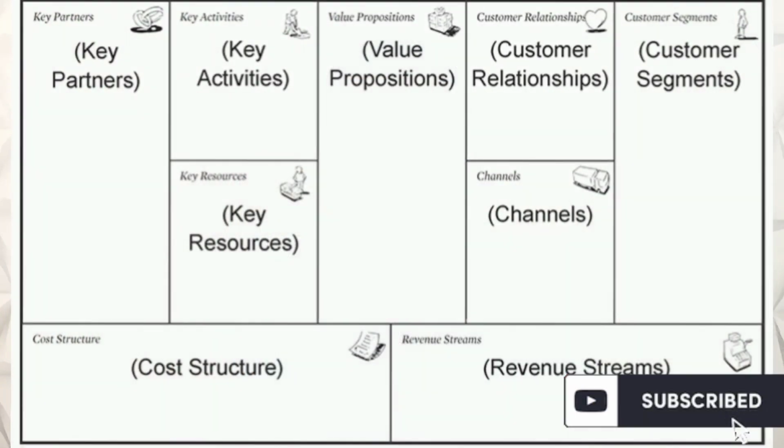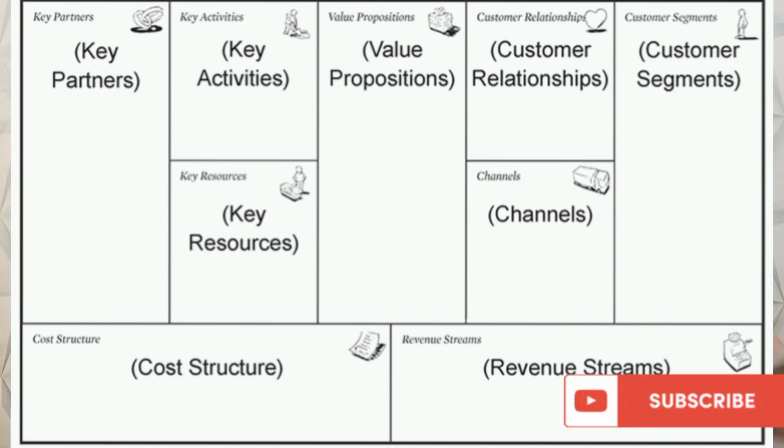Now before we get into these questions, can you look at this canvas again? No matter the canvas you view anywhere, you would always see the value proposition in the middle. This value proposition is more or less dividing the customer segment from the provision you are ready to give to these customers.